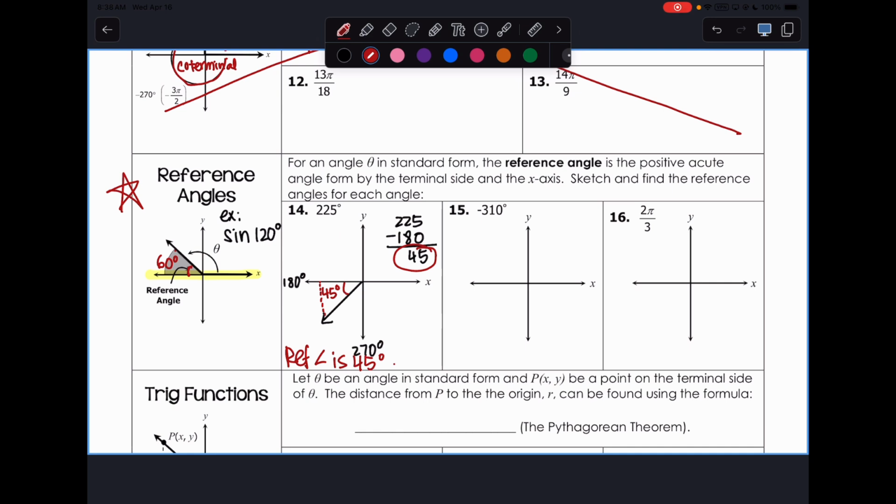Okay. All right, so negative 310. Which way am I going? Am I going right to left or left to right? Sorry, right to left. I'm going the opposite direction, counterclockwise. I said it was the same direction. Hello. We're going to go from clockwise. So we're going to go from 3 to 9, okay? 3 to 9. So how far do we need to go for 310? Is it before or after 270? So, okay, so this is 90.